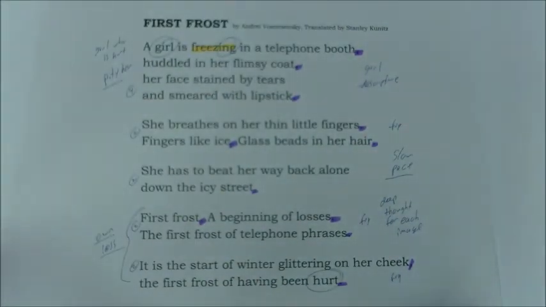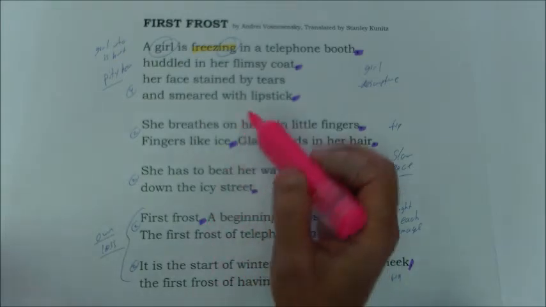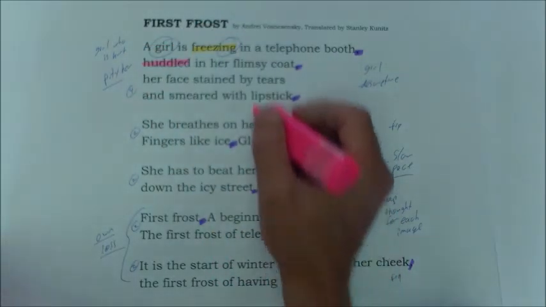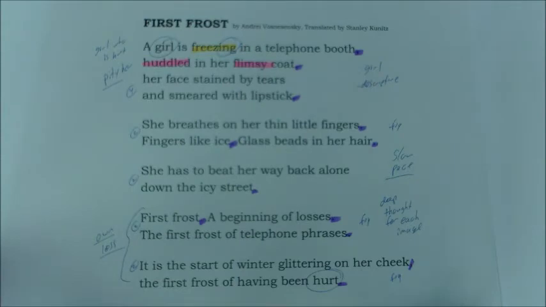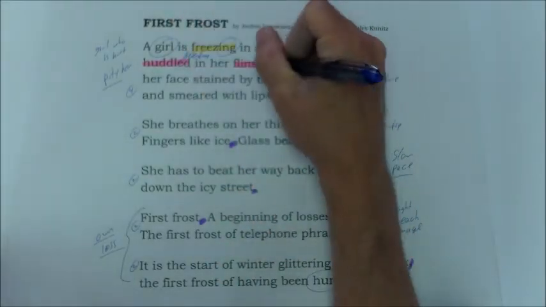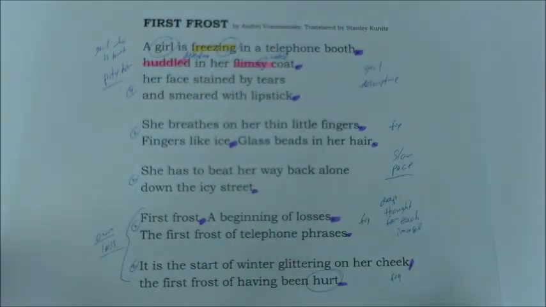The next word that I identify there as a strong piece of diction is that word huddled and the word flimsy. Both of these indicate that she is trying to defend herself, but can't quite do so. The next strong pieces of diction that I see are those descriptions of her face. In particular, the idea that her face is stained and it's also smeared.